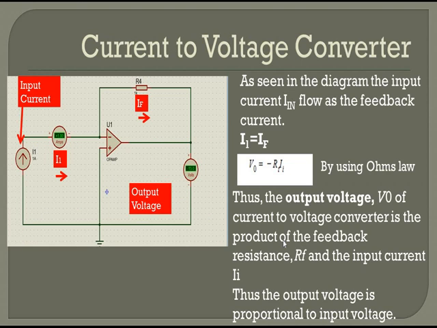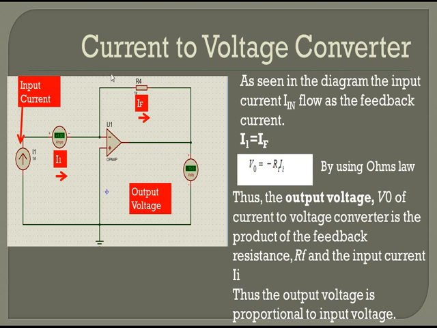Op-amp can be used for current to voltage conversion also. In this circuit, we applied a current source, means current at the input, and at the output we received voltage. Input current is applied to the inverting input of operational amplifier.